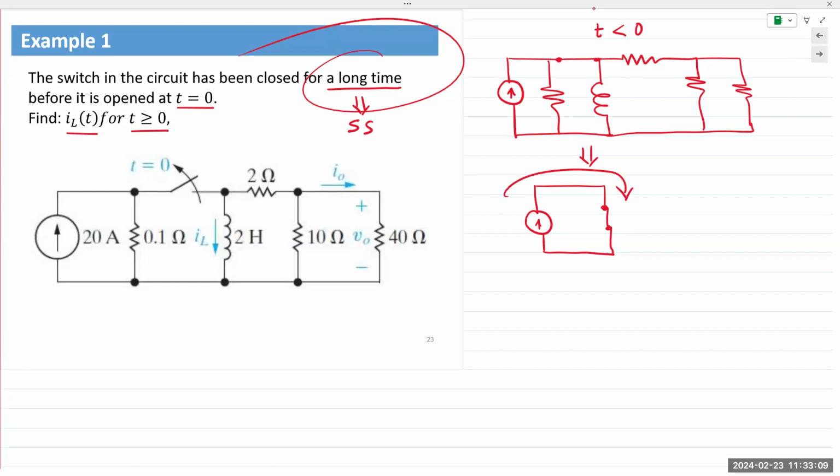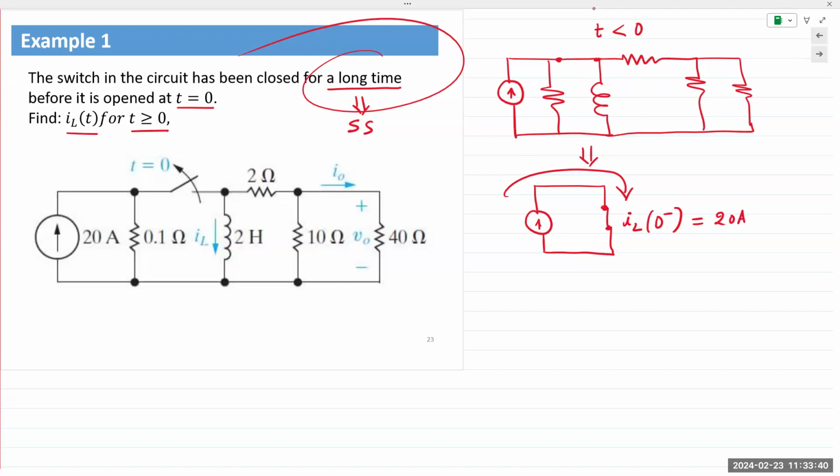And if it's a short circuit in parallel with the source, anything other than the short circuit is effectively removed. Current will always take the easiest pathway to flow through. So R for a short circuit is equal to 0 ohms. If it's 0 ohms, all of the current is flowing through there. Nothing goes through the other resistors. And so my IL at 0 minus is 20 amps.